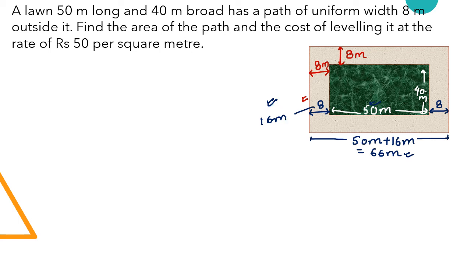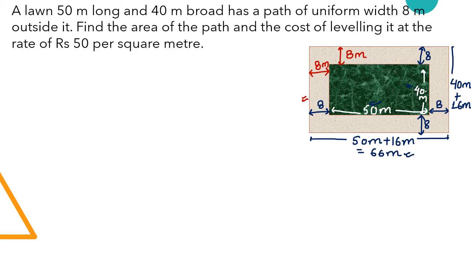Now the breadth of the lawn is 40 meter. A path of 8 meter is there on this side and 8 meter on the other side. Therefore, the total increase in the breadth of the lawn is also 16 meter. You can see 40 meter was already there, and on both sides an 8 meter path is constructed.